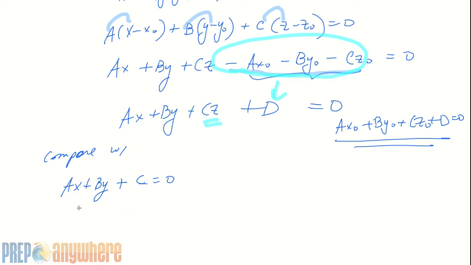This was a two-dimensional line with slope of minus a over b, right? And what is that? That's actually the normal. We talked about this. Look here, same pattern. The normal information is the coefficients of x, y, z.